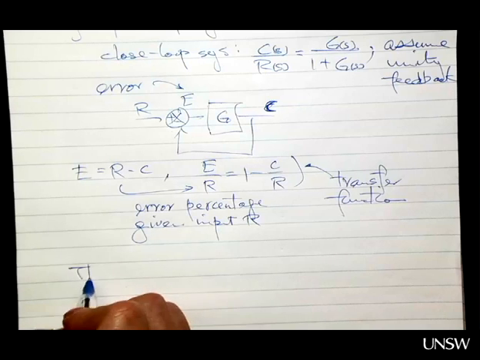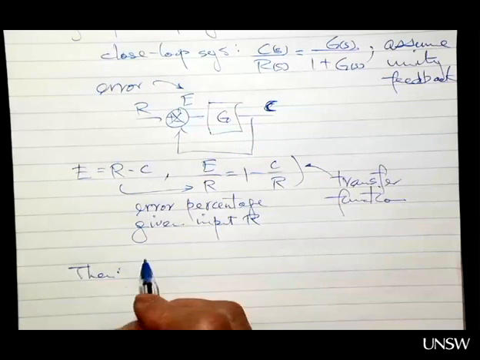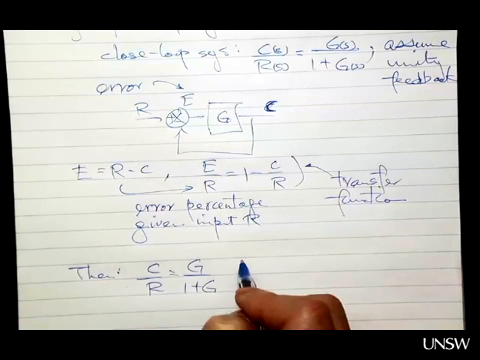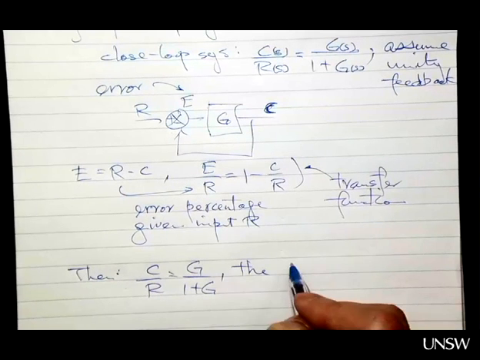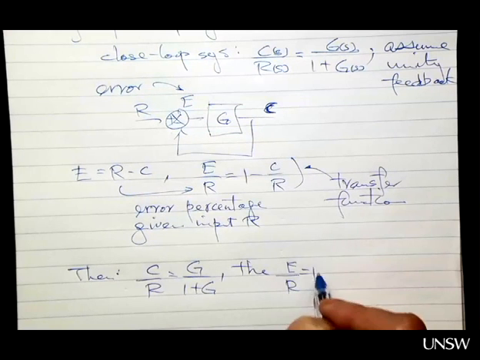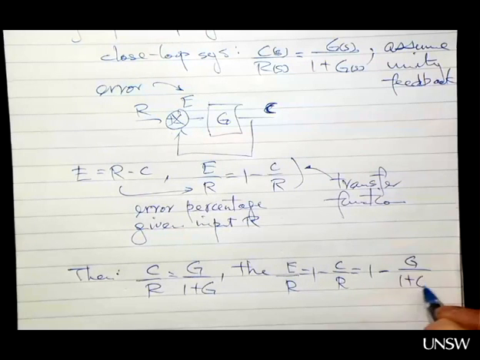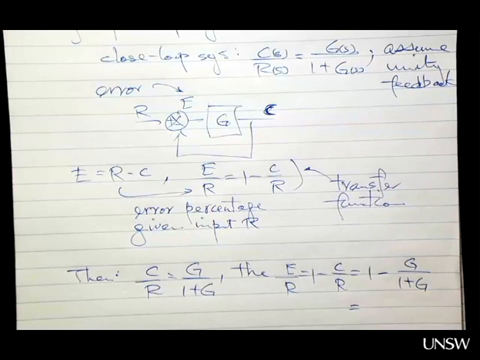Then the transfer function equals 1 minus G over 1 plus G. So we put the denominator 1 plus G to multiply with this term 1.